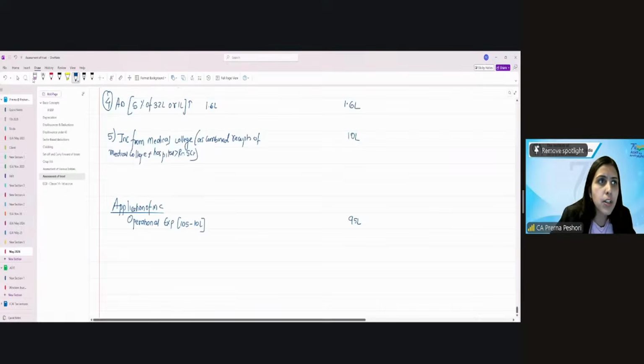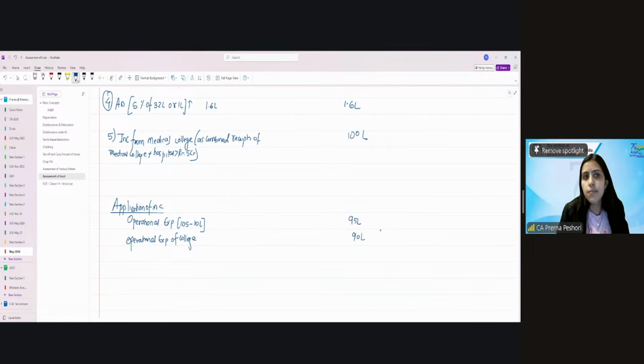So let's say I take the gross receipts only, 100 lakh, and then I take the operational expense of the college, 90 lakh over there. Fine? Okay?